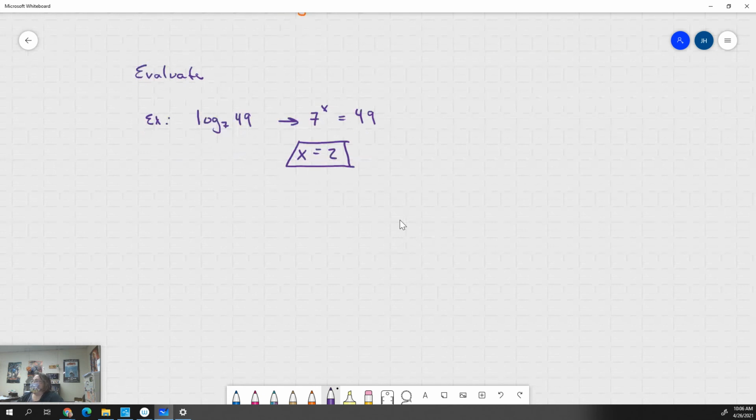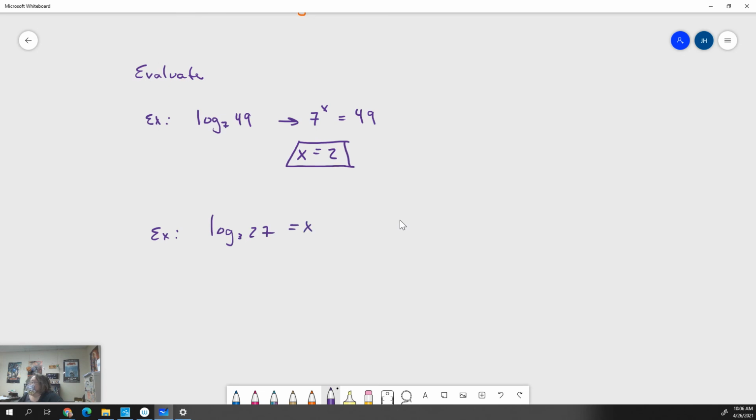For another example, log base 3 of 27, I could say it equals x. I don't know what it equals, but I could write this as 3 to the x equals 27, and I can see it. I know my powers, and I can go, okay, well, x just equals 3.